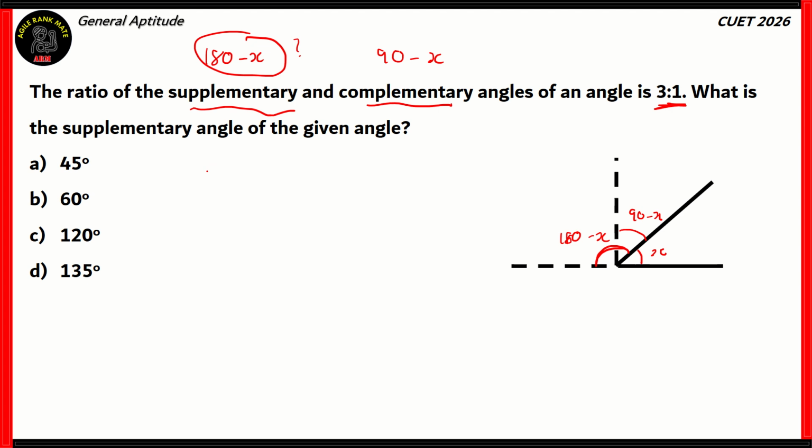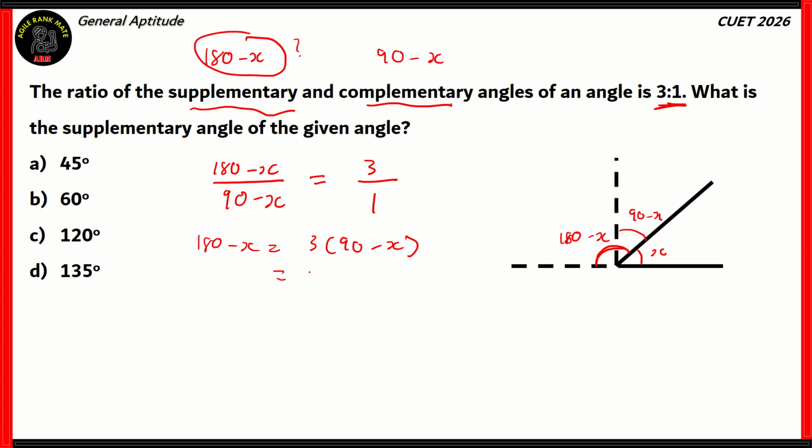So what we know is that 180 minus x divided by 90 minus x is equal to 3/1, because that's the ratio that has been given to us. So 180 minus x is equal to 3 times 90 minus x.